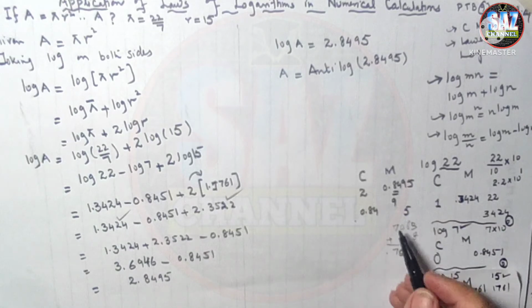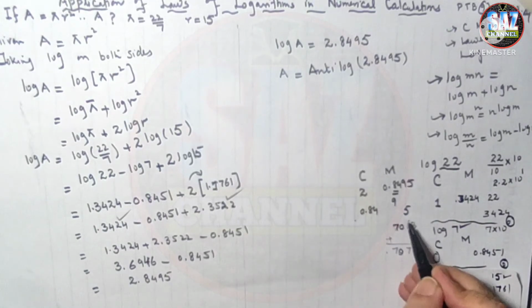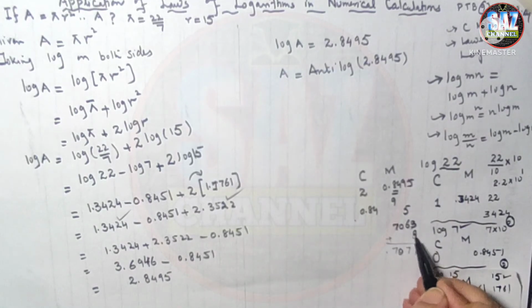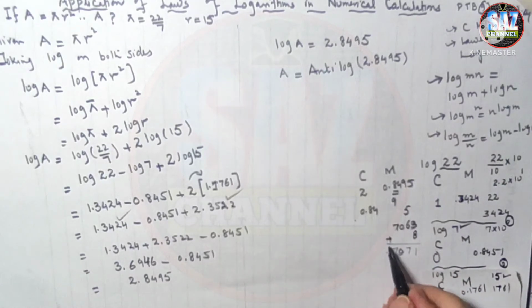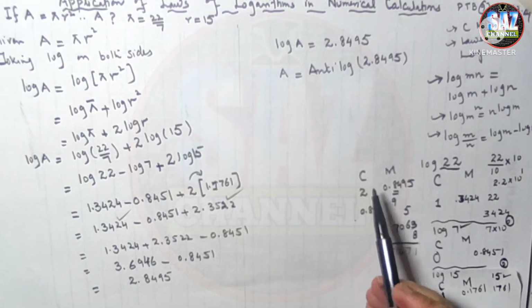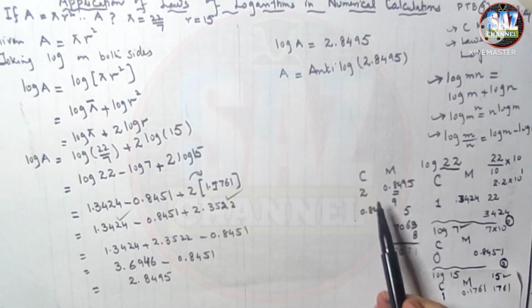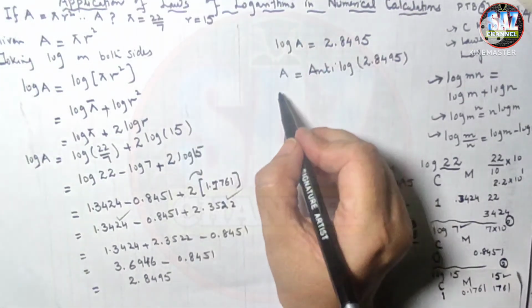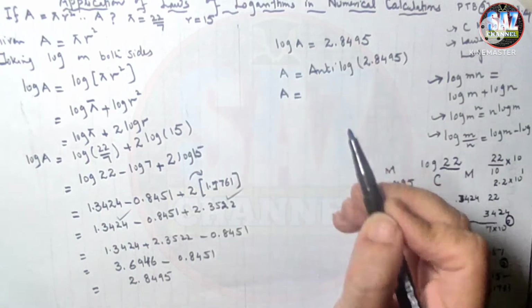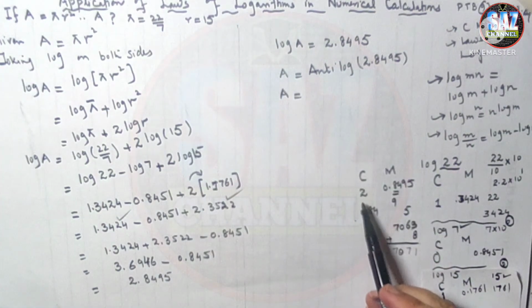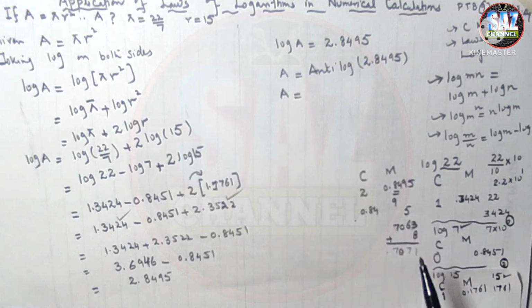Now what is the role of characteristic? Here we need to understand the role of characteristic as well. That characteristic will be telling me, as the characteristic is positive, so in order to find the number, what we are going to do is that we have to add 1 to that, and we are getting answer 3. So that will be telling me that I have to move decimal point how many units towards the left or right.